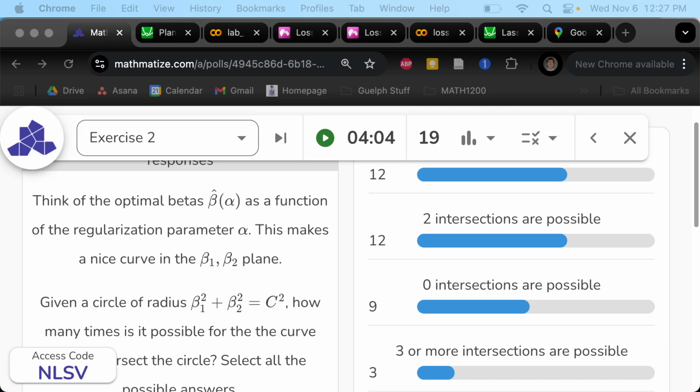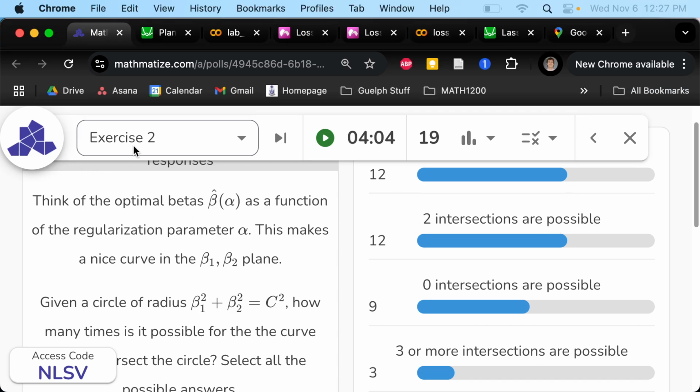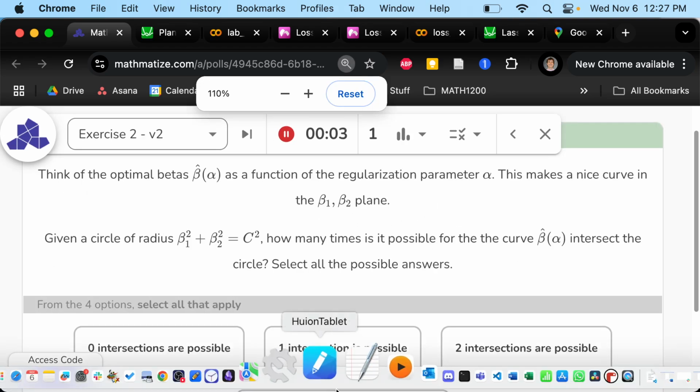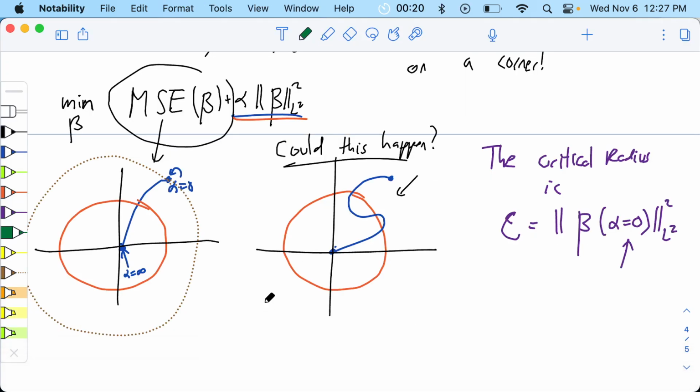Okay. I'm going to open it up again for a revote. Okay, exercise 2v2. Okay, it's open. Go ahead and think about this picture and how this curve connects alpha equals 0 to alpha equals infinity, how it is changing.